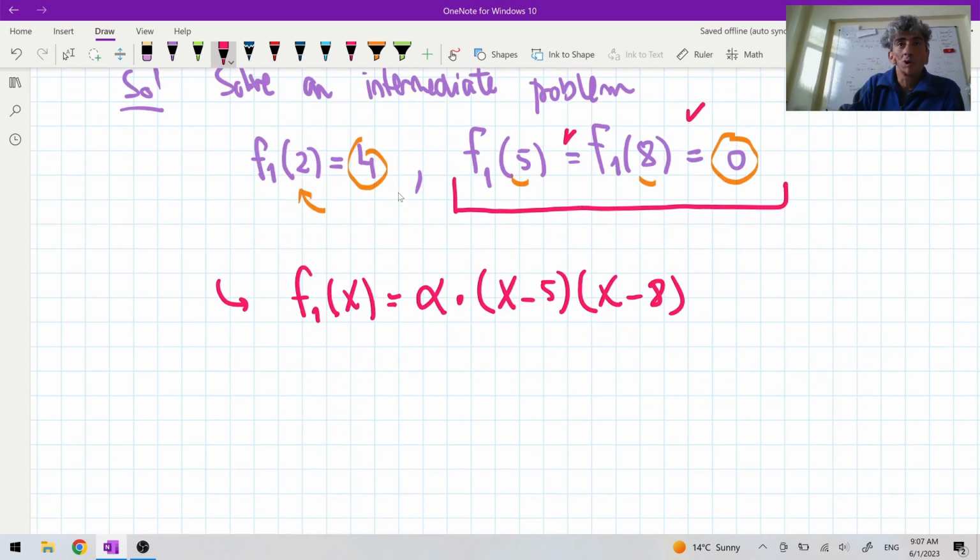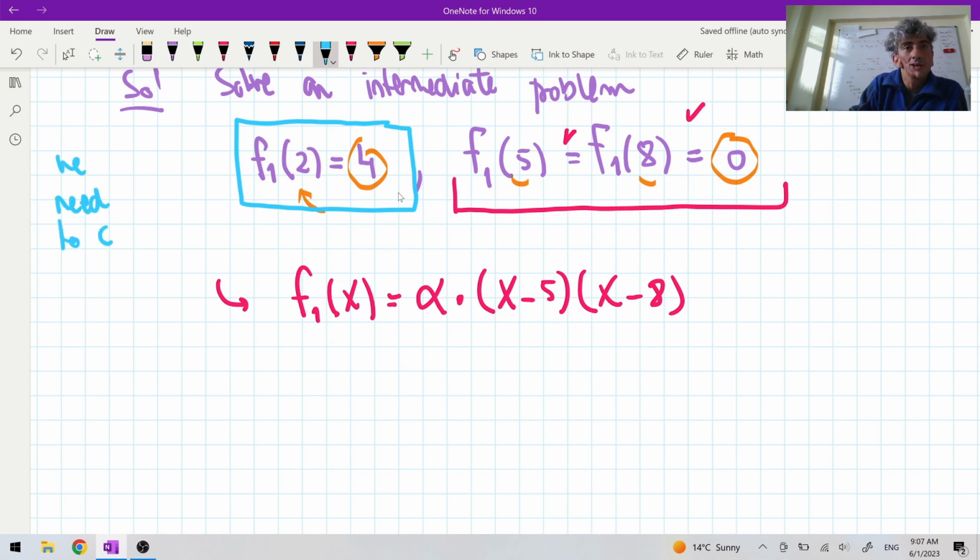So what we need to do is make sure that we choose alpha so this condition is met. We need to see how to choose alpha so that f1 at 2 equals 4.